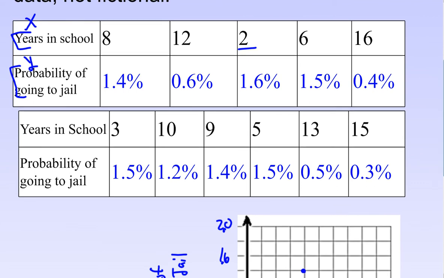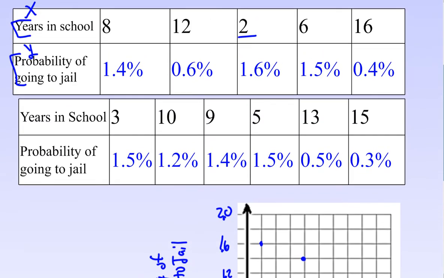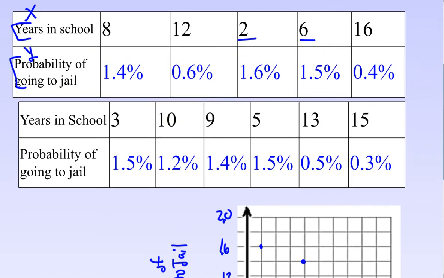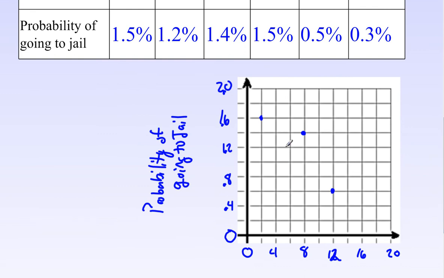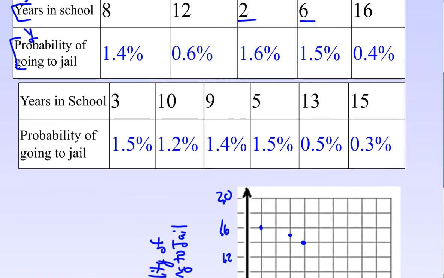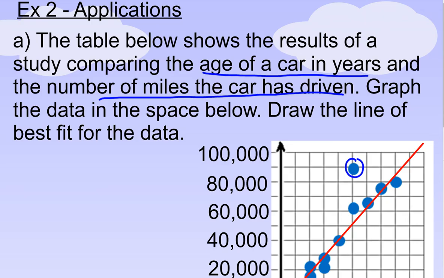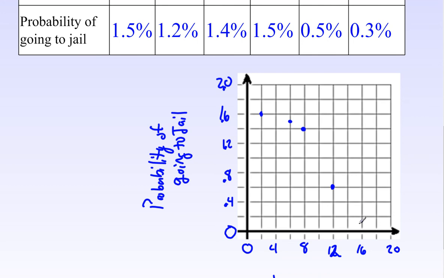Ugh, person dropped out in 2nd grade. 1.6. 6 years of school, 6th grade. 1.5. 6 years. See, this is 1.4, so 1.5 would be here. 16 years, so that person graduated college. 0. Whoa, what happened? 16 years, 0.4.